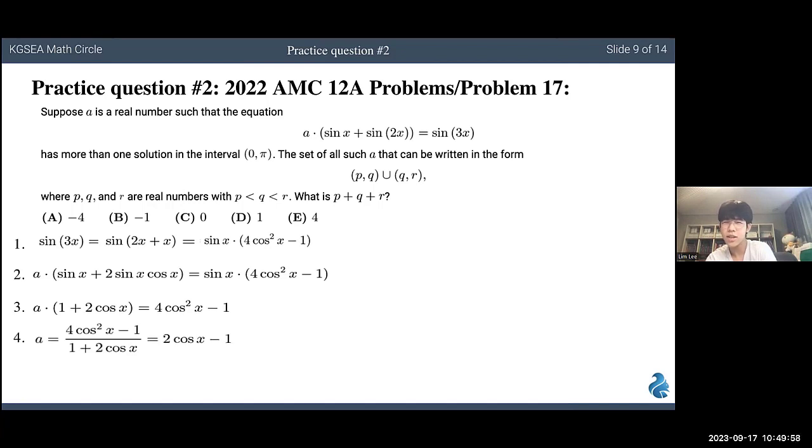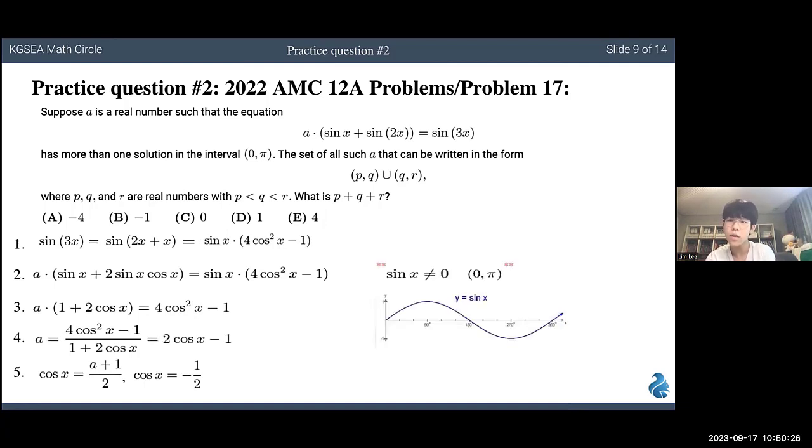Well, actually, it doesn't quite work that way. 2 cosine x minus 1 can also equal 0, so we have to consider this case as well. And therefore, cosine x is equal to a plus 1 divided by 2, and also negative 1 over 2. We manipulated the equation above, which was a times all of the sines, all the way back into these two simple cosine x equations.